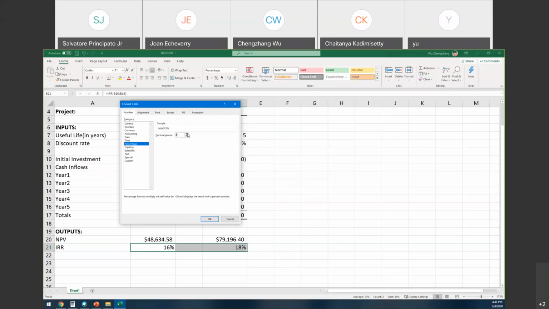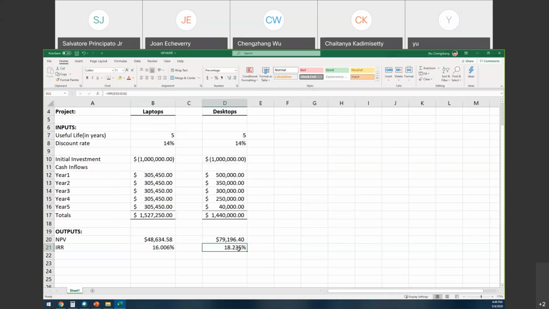And we need to change this to like 3 decimal places. And click OK. So that amount is rounded to be 18.235%. And also, as you can see, this amount, the IRR for laptop products, also changes by different rounding criteria.